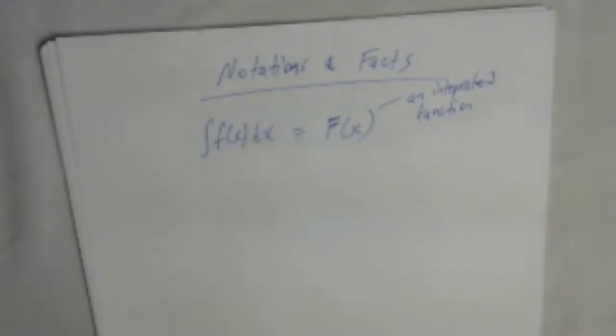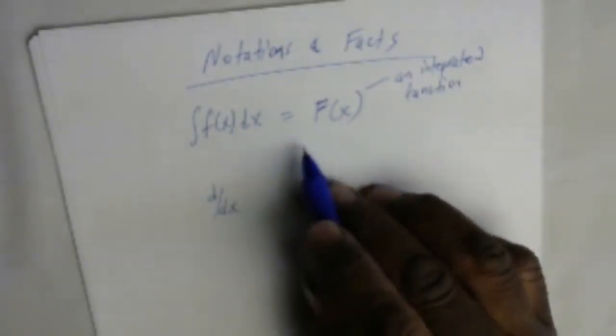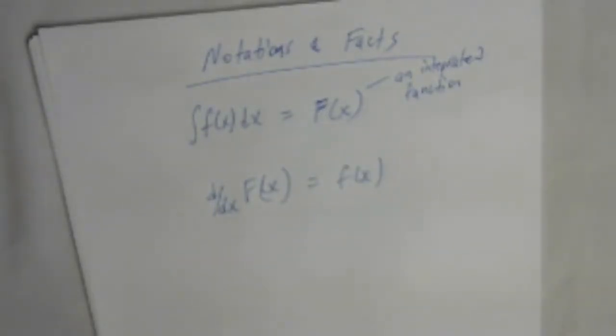Now, as far as the facts are concerned, differentiation and integration are reverse processes of each other. That means one will undo the other. For example, if you take the derivative of an integrated function, that would give you the function.